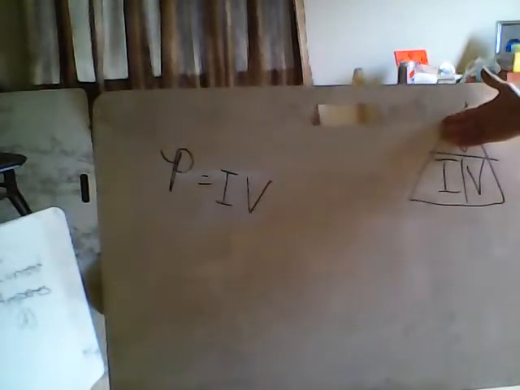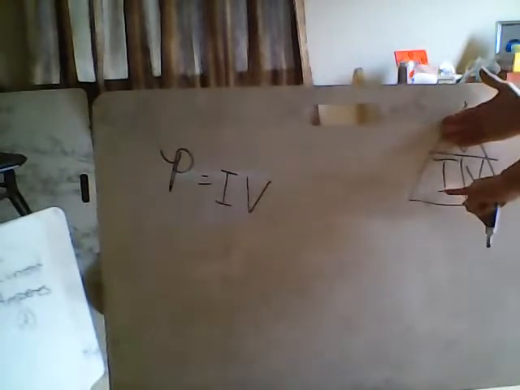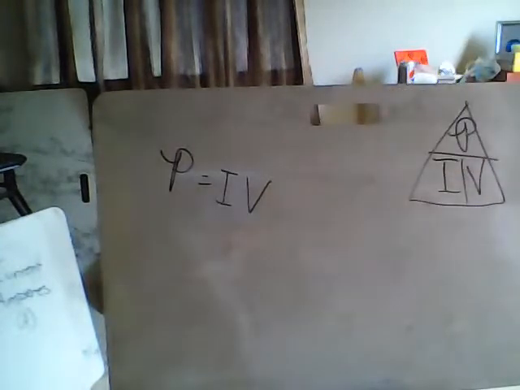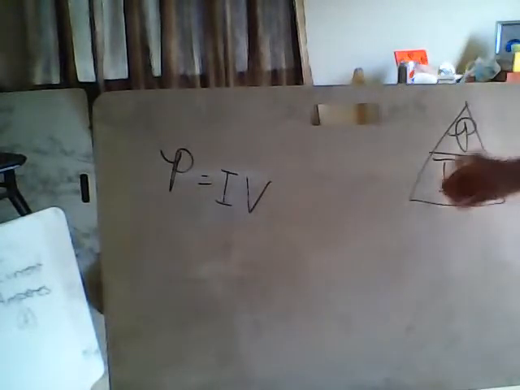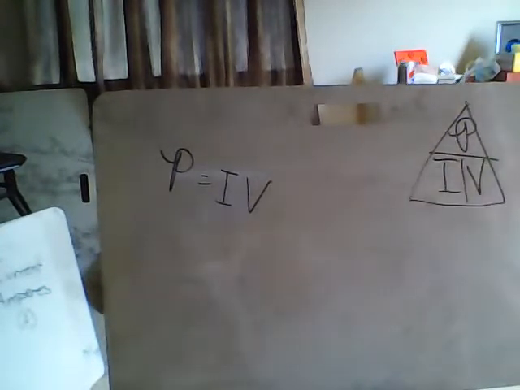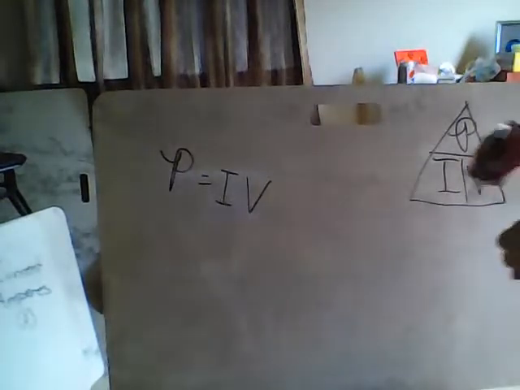If we want to know power, we cover up the P, and we have the I for current times the V for voltage. But let's substitute something else for current. So if we want to know current, we divide the power. I did not do Ohm's law here.